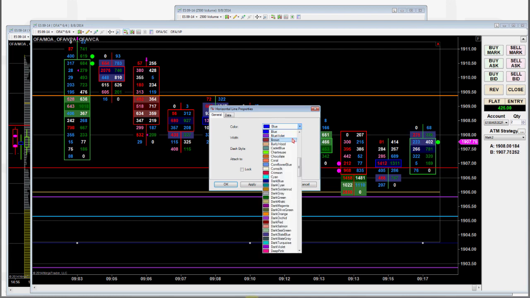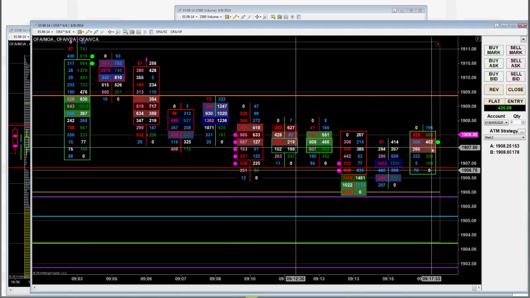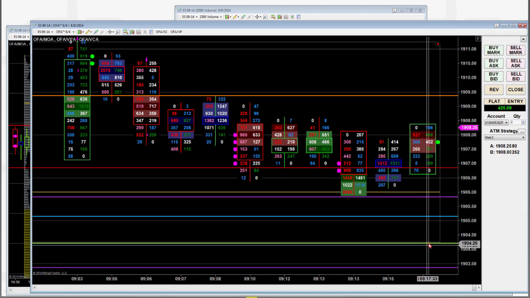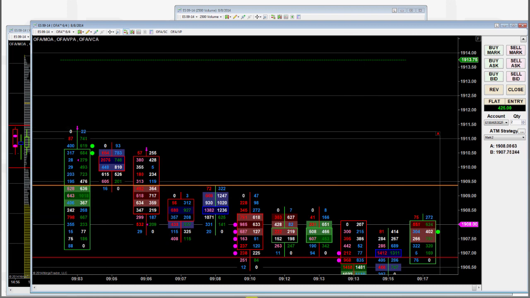There's absolutely no reason for me to take a trade. No reason. So that's the low of the IB. The high of the IB, of course, is up at 11 1/4.